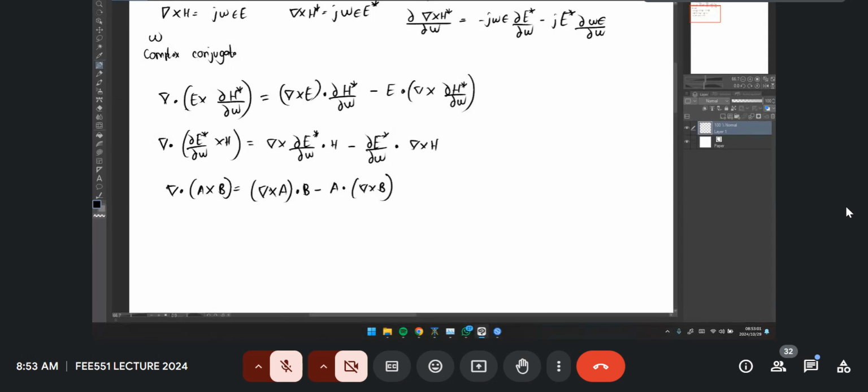From here we can see we have these two terms. For example, this term, this term, this term, and this term. We already found it here on the first part.